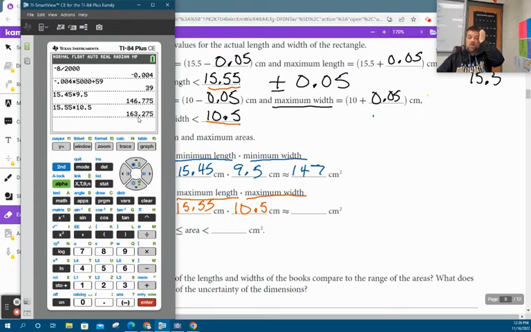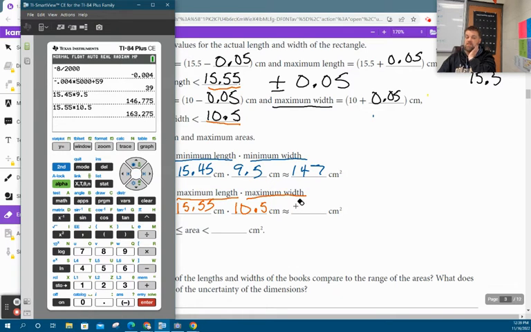163.275. So when I go to round this to the nearest one, the one spot has a 3 in it. So I have to decide if I'm going to round up to 4 or round down to 3. I look at the number to the right of it. That number is 2. 2 is less than 4, so I round down.